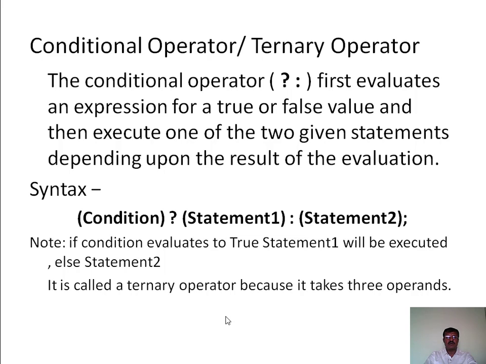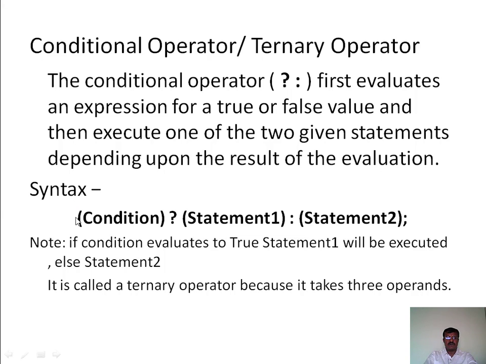Conditional operator, or we can call it the ternary operator. The conditional operator is represented by a question mark followed by a colon. It first evaluates the expression for a true or false value and then executes one of the two given statements depending upon the result of the evaluation.